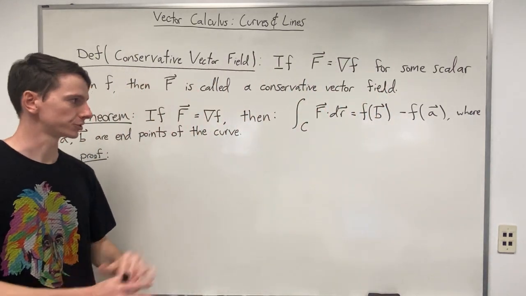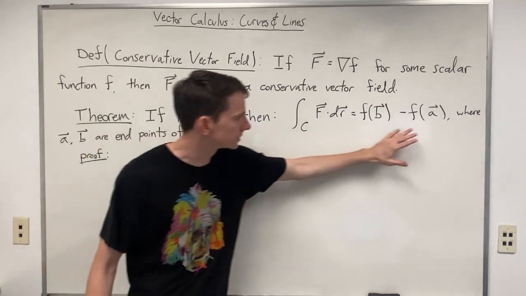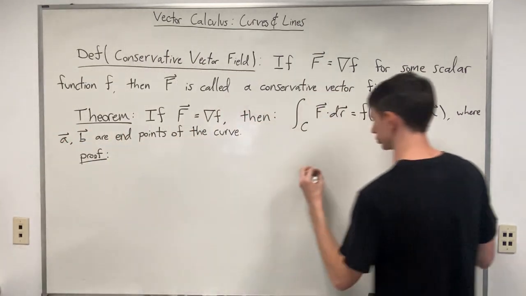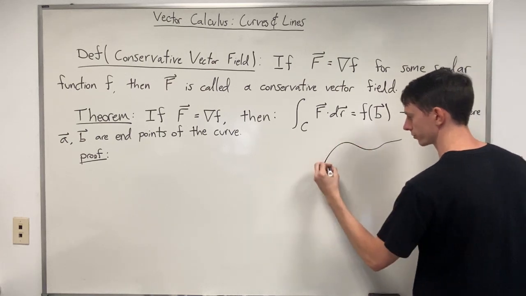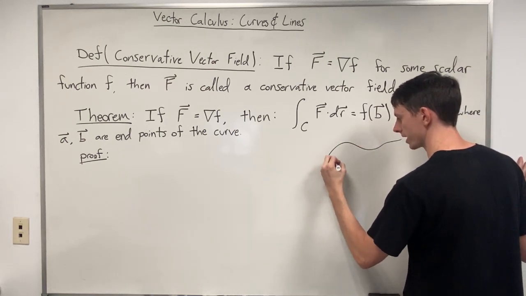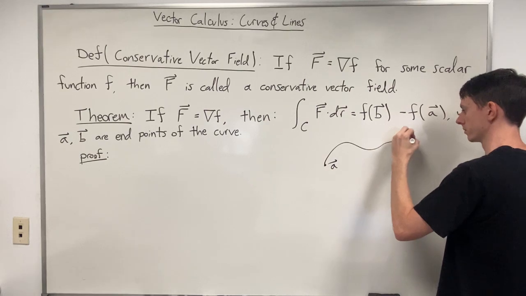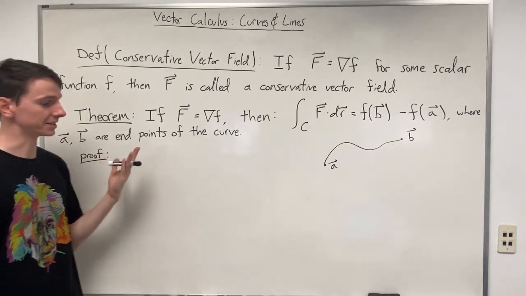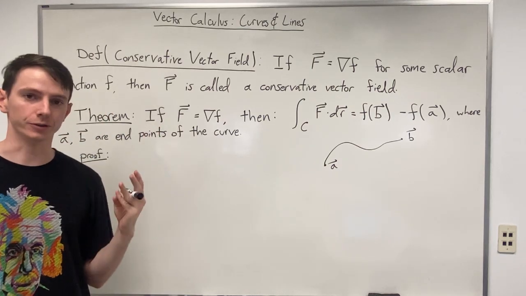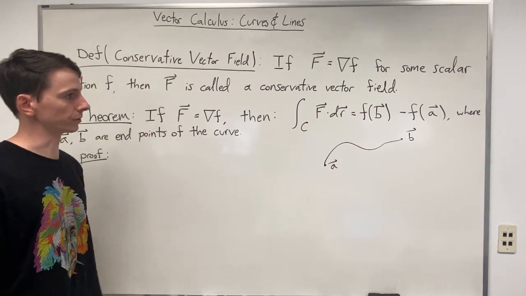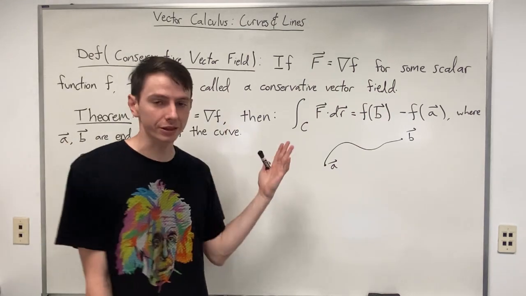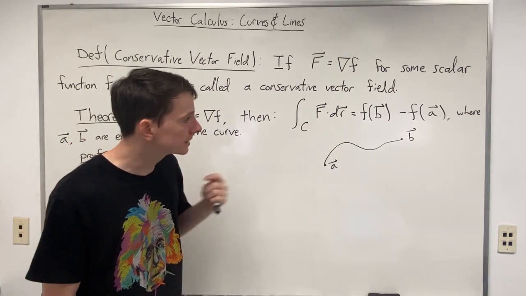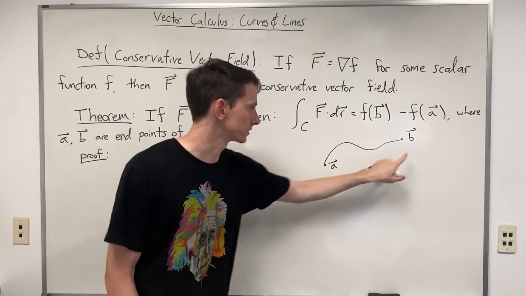Okay. So let's first make sure that we're on the same page about what this means. Maybe I'll just draw some curve like this with endpoints a and b. What we're saying essentially is that conservative vector fields are the types of vector fields in which the only thing that matters when integrating is the value at the various endpoints.